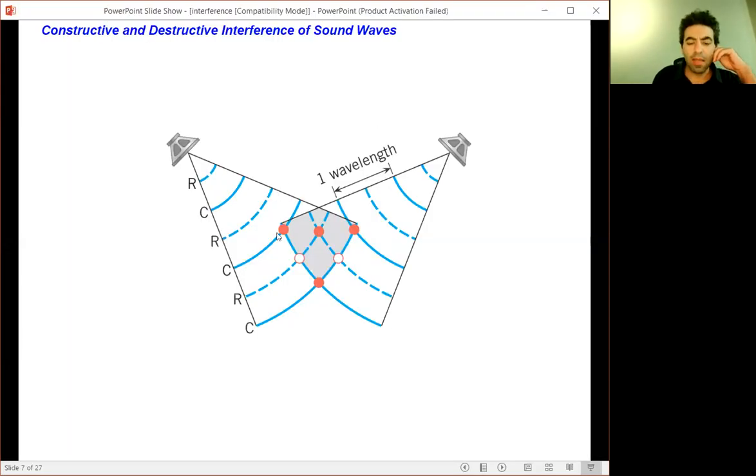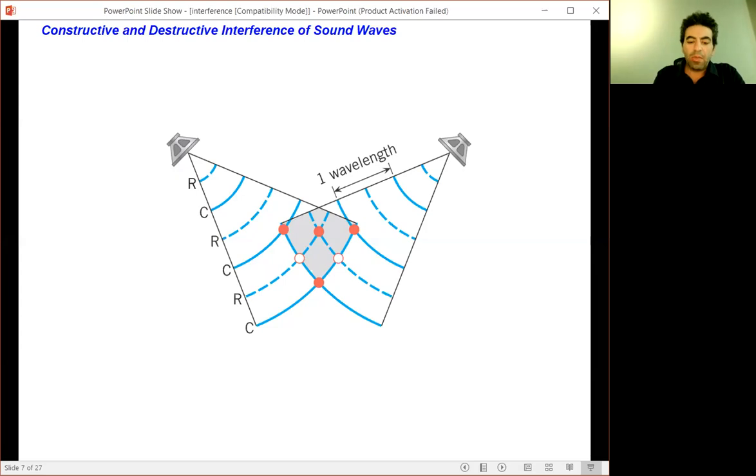So this means then that there are locations where the crests would line up with each other, and there are locations where crests would line up with troughs as time passes by, right? Just as we saw in the water example, there were locations that as time passed by, there was always no wave there, but there were locations where the waves were always adding up.